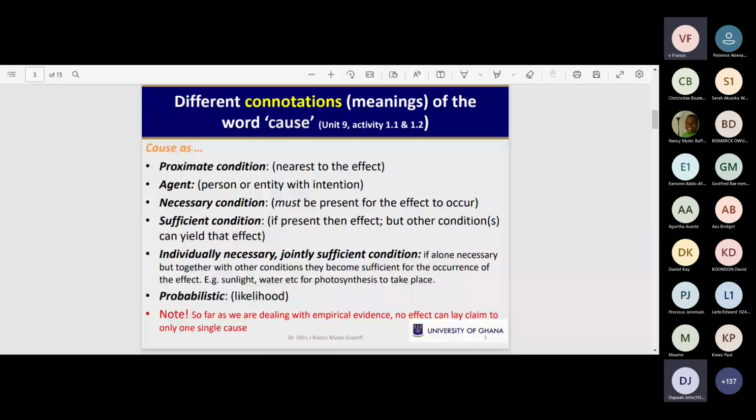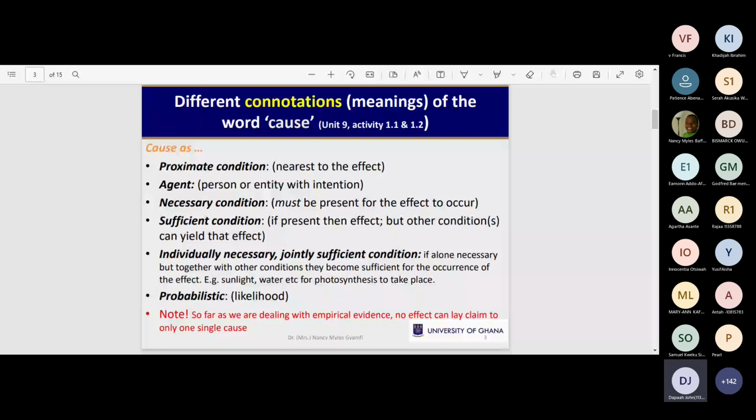Okay, madam. Different connotations of the word cause. Cause as proximate condition, nearest to the effect. Agent: a person or entity with intention. Necessary condition: must be present for the effect to occur.